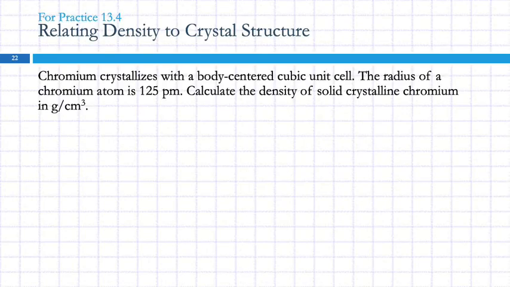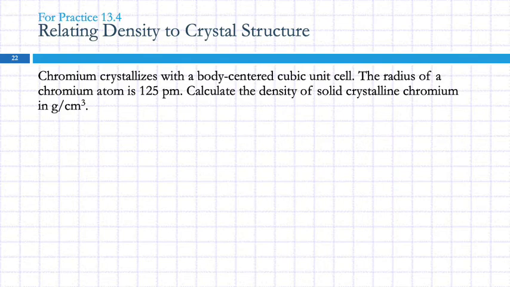We can also do problems like this, but I'm not going to do this one. We can calculate the density of a substance using crystal structure information. So here, if we know the radius of a chromium atom and the type of unit cell, you can figure out how many atoms are in one unit cell. Well, body-centered cubic, there's 2 atoms, right?